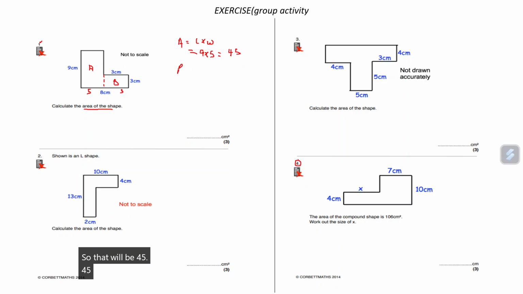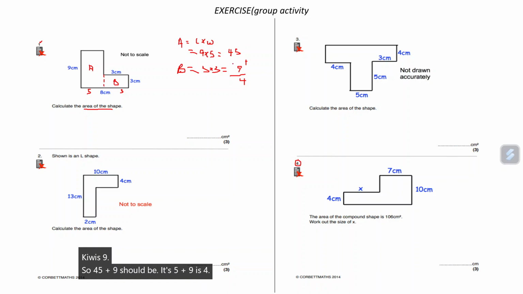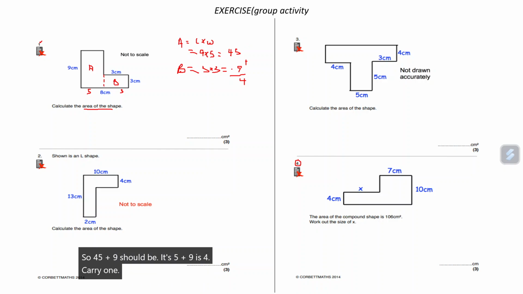Then we look at B, which is 3 times 3, giving us 9. So 45 plus 9: 5 plus 9 is 14, write 4, carry 1. 4 plus 0 plus 1 is 5.